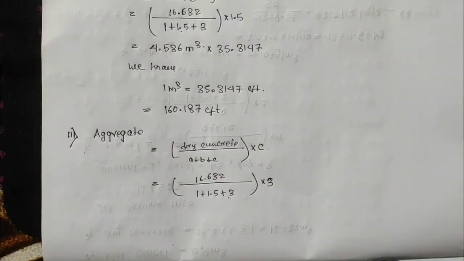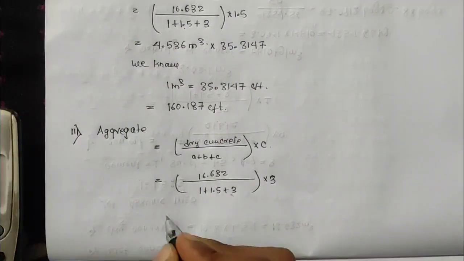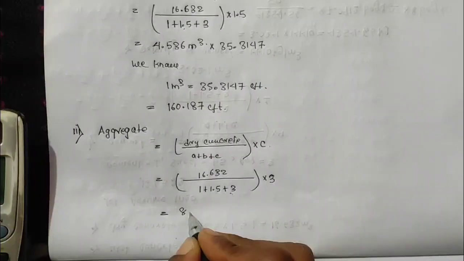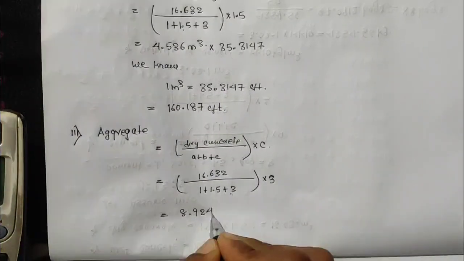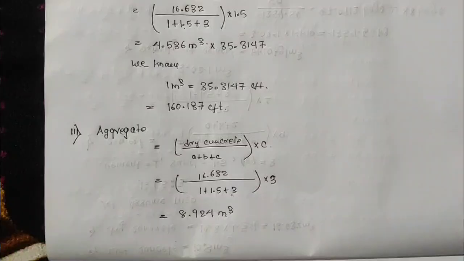Let me calculate this quantity. We have calculated 8.924 meter cube.